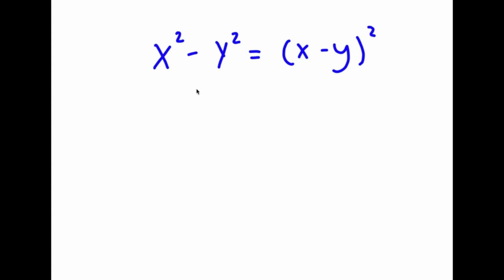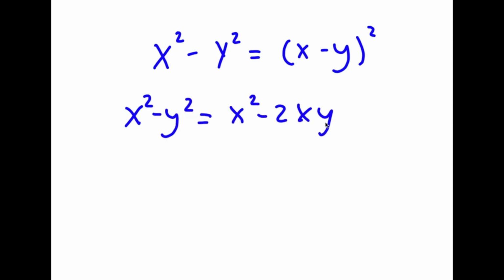Alright, so in this problem, I have x squared minus y squared is equal to x minus y squared. So to start, I'm going to first start by expanding x minus y squared. So now I have x squared minus y squared is equal to x squared minus 2xy plus y squared. So now these two x squared cancel out if I subtract x squared on both sides.